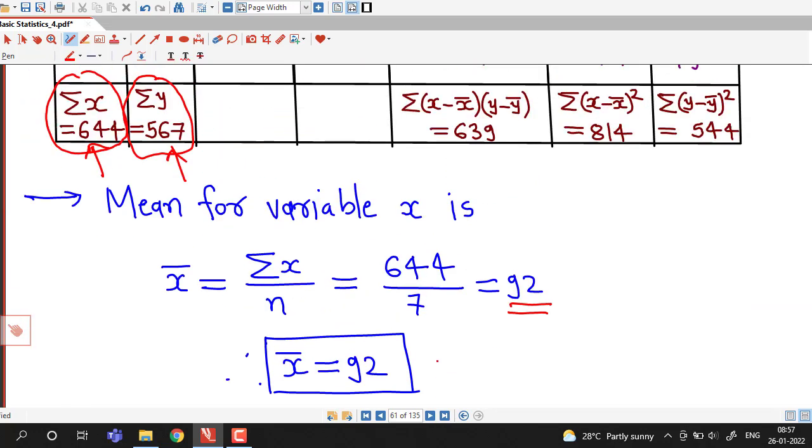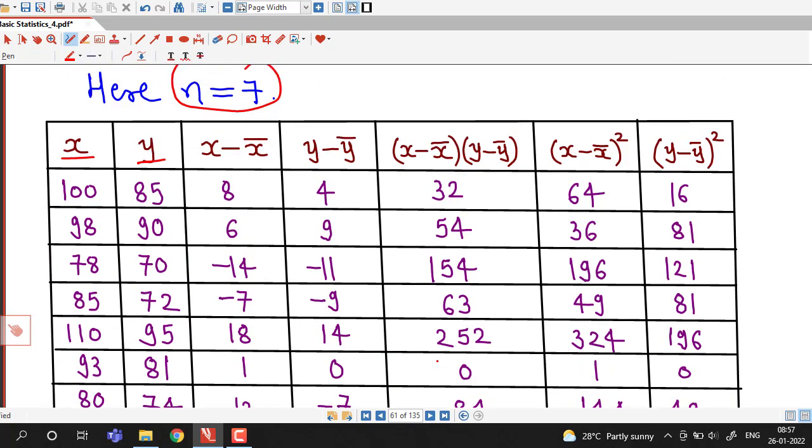So once we have x bar and y bar, we can prepare the other columns. Here we find out x minus x bar, and the mean for x is 92. So we will find x minus 92; we will subtract 92 from each x value. 100 minus 92 is 8. Then 98 minus 92 is 6. 78 minus 92 is minus 14.